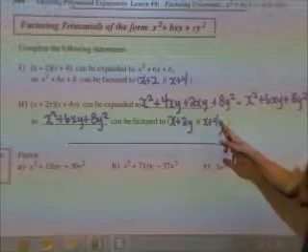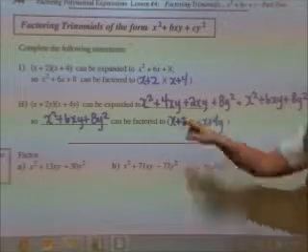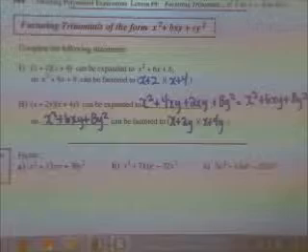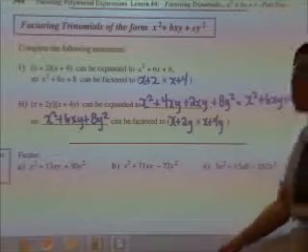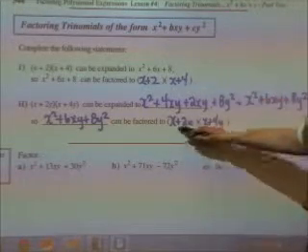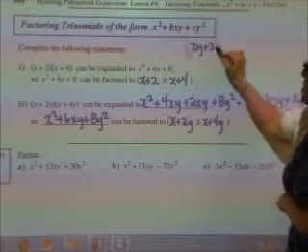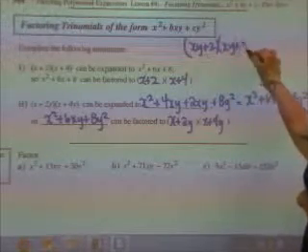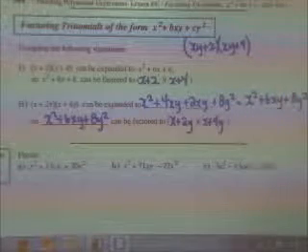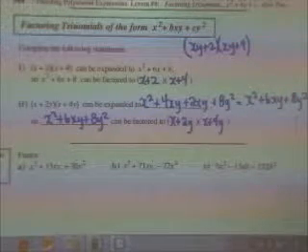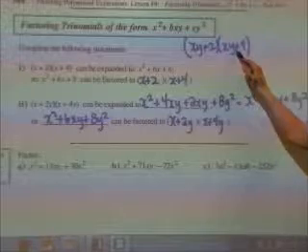How do I know that the y goes in the second one and not the first? Alphabetical order. Well, actually what I mean is how do I know the binomial is this and not this? Because my first term is just an x squared.